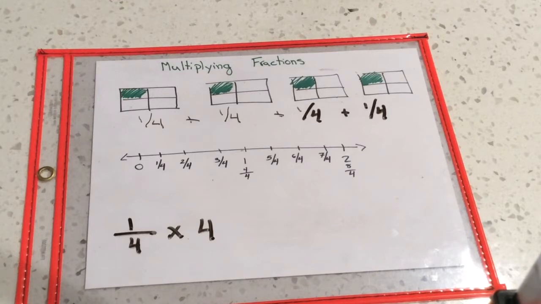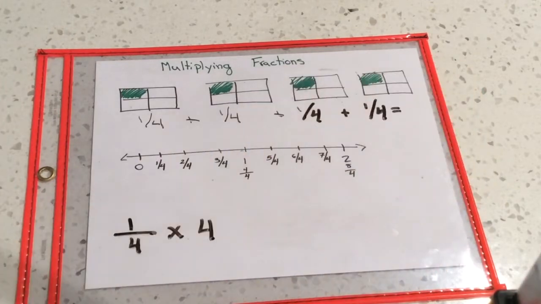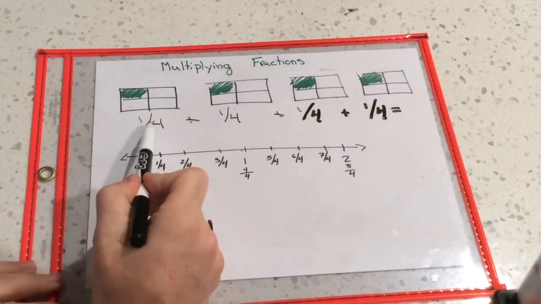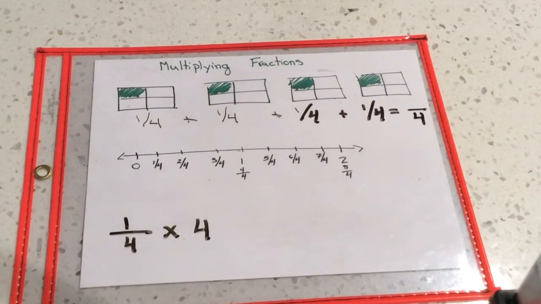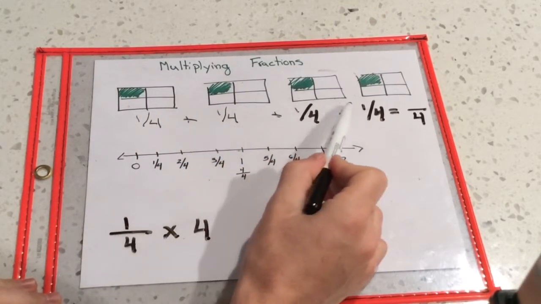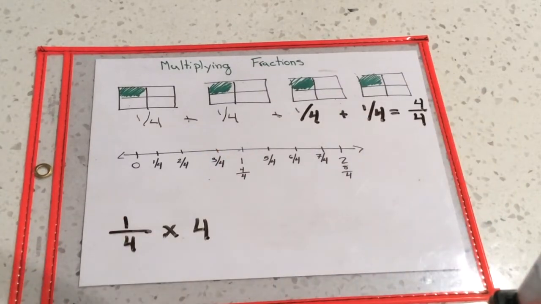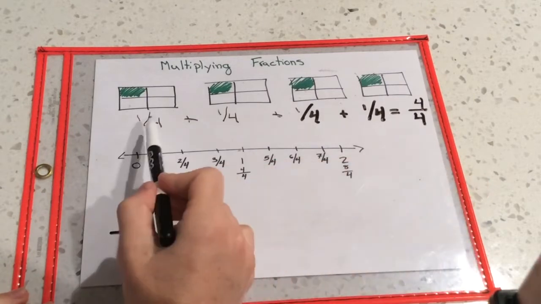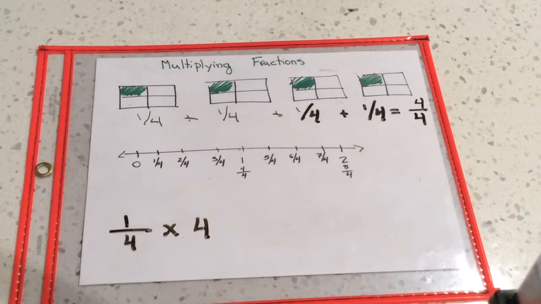And if you remember from when we were adding fractions, when we have the same denominator, so they all have 4 in the denominator, our denominator does not change. And then we just add the numerators. So 1 plus 1 plus 1 plus 1 is 4. So I can see this idea of repeated addition. 1/4 plus 1/4 plus 1/4 plus 1/4 is equal to 4/4, or it's equal to 1 whole.